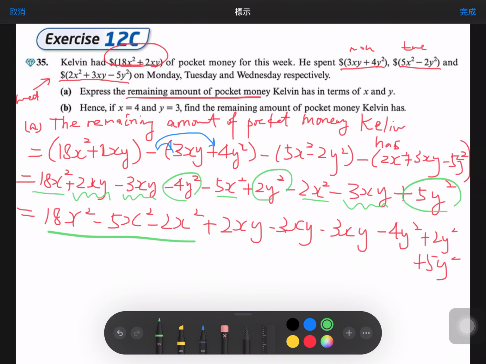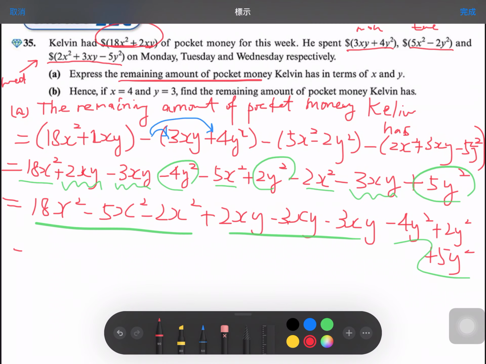So now they are in three groups, 9 terms in total. Then you can do a simple calculation. 18 minus 5 minus 2 is 11, and then for plus 2 minus 3 which becomes minus 4, and then for minus 4 plus 2 plus 5 becomes plus 3y squared. So here is the final solution.